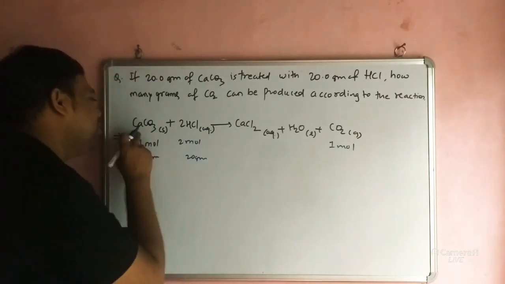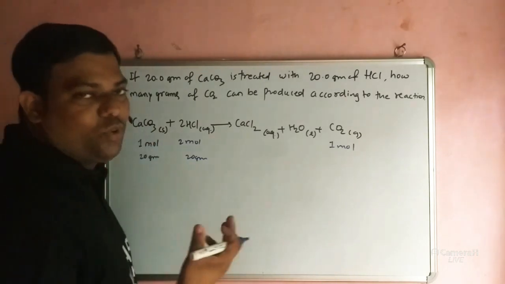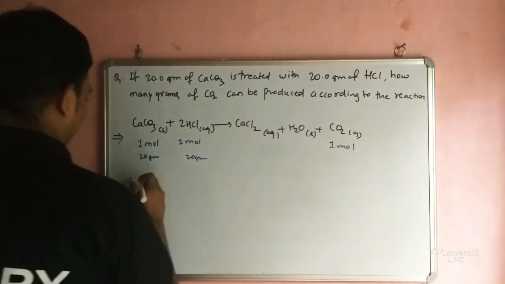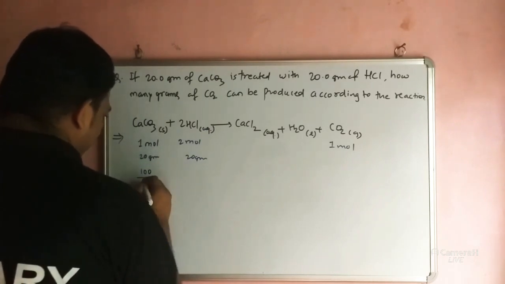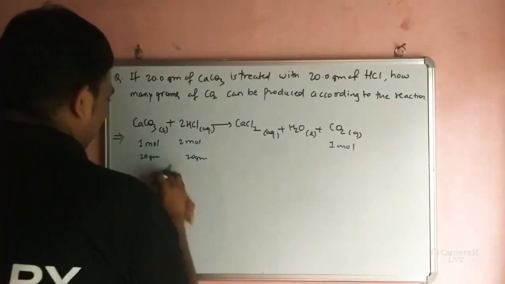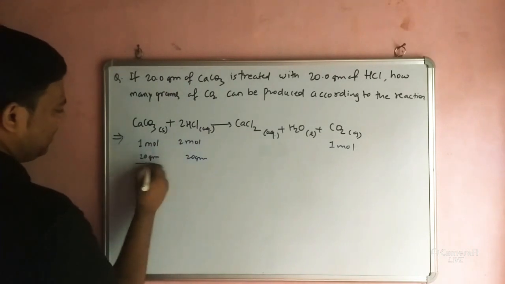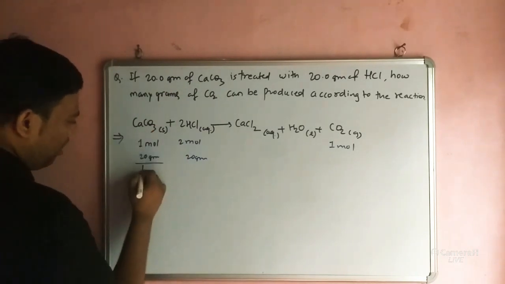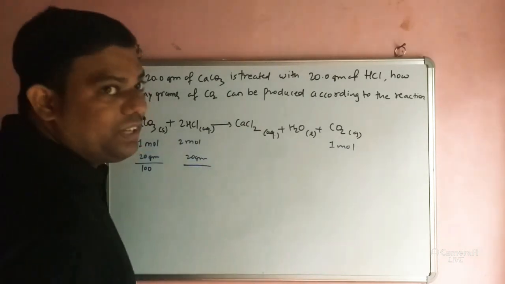Yes, calcium 40, carbon 12 and this 48. So total how much? Yes, 100. See here beta, we can calculate 20 by 100, given mass divided by molar mass. Already 20 gram given mass is there, divided by molar mass, that is 100. Now here HCl बोलते किती आहेत?